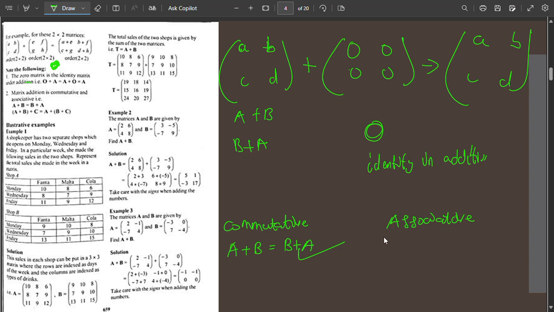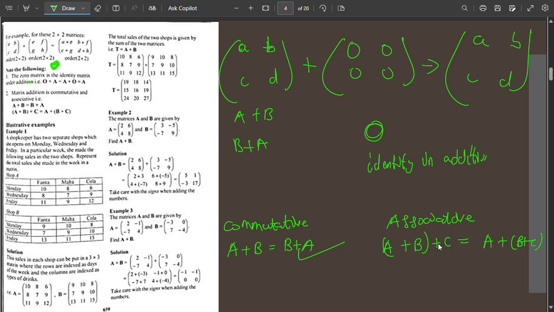What of the associative property? This is the definition for the associative property. So if I ask you to compute this, you could compute it this way first.